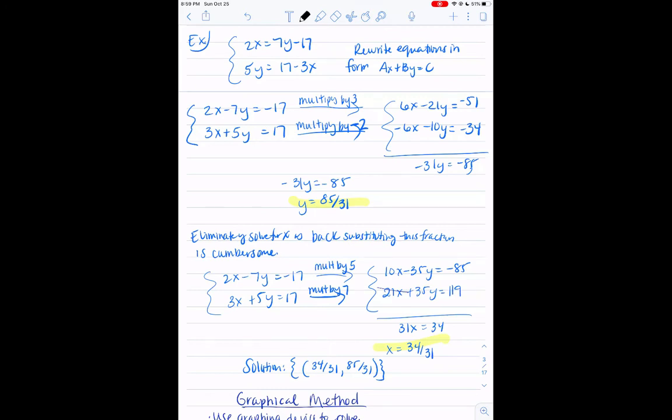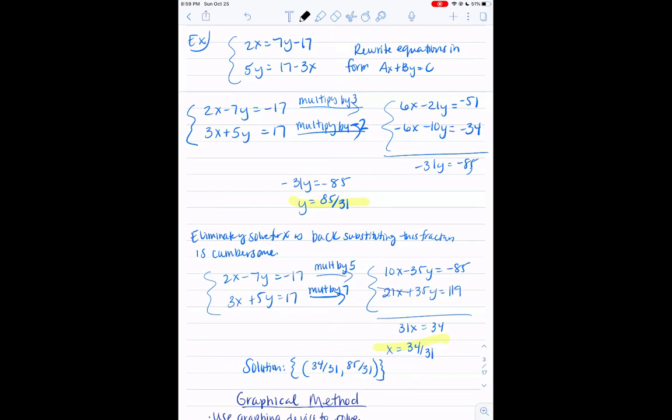So in equation 1, I get 6x minus 21y equals negative 51. And in equation 2, I get negative 6x minus 10y equals negative 34. And then I add these equations, and I get negative 31y equals negative 85. So then my y is 85 over 31.